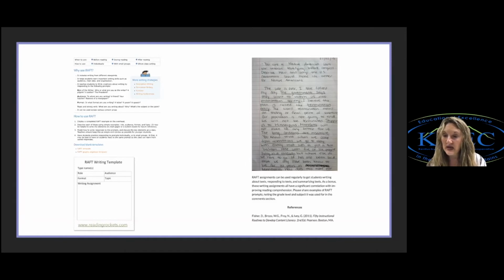This one came from Reading Rockets, and then you'll see Fisher and Frey. This is an example that Fisher and Frey use over on the right using that RAFT. It gives the prompt, and then the student does the writing. But you can see the underlined pieces of this particular writing represent the R, A, F, and T in the RAFT strategy.